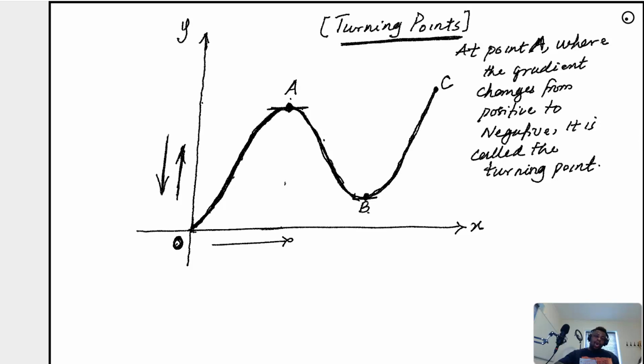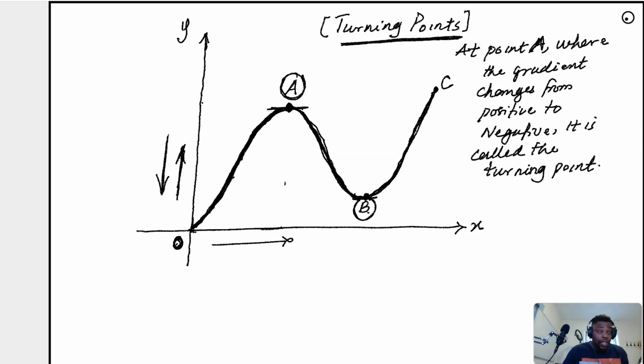That is why we call it the turning point. So how many turning points do we have on this graph? A is a turning point. Why? Because that is the point where the positive gradient changes into negative gradient. Then B also is a turning point, because that is where the gradient that is negative changes into positive. So we have two turning points here.